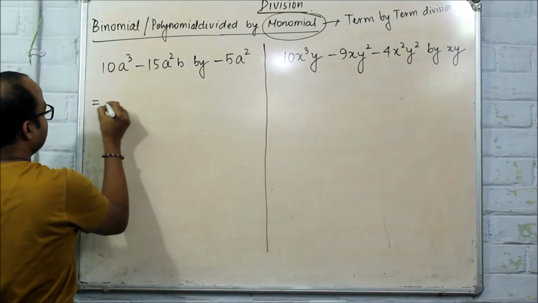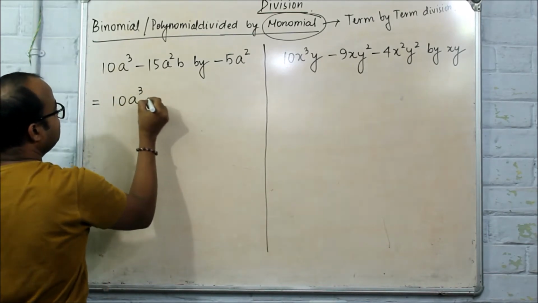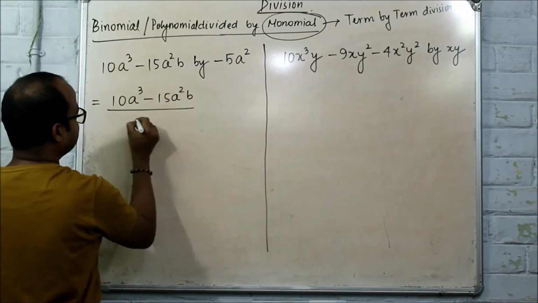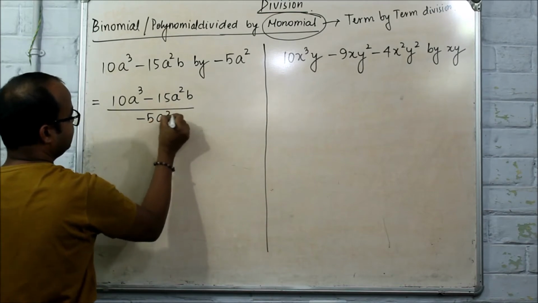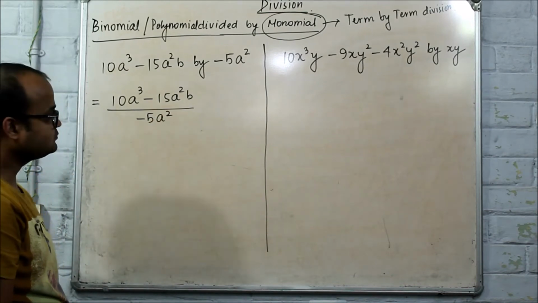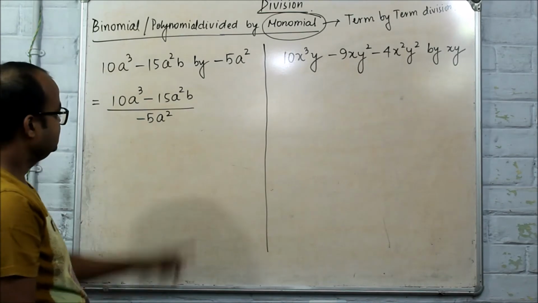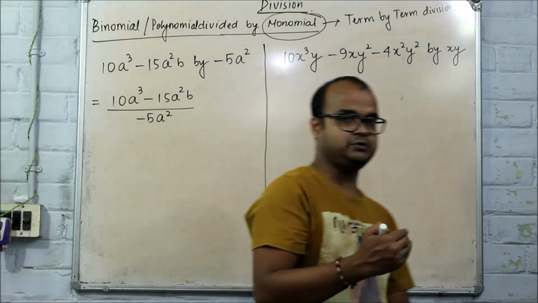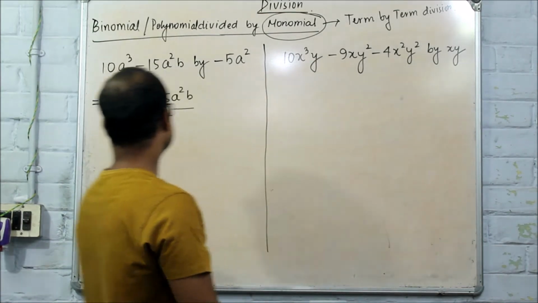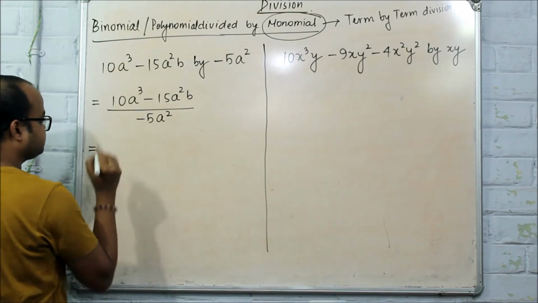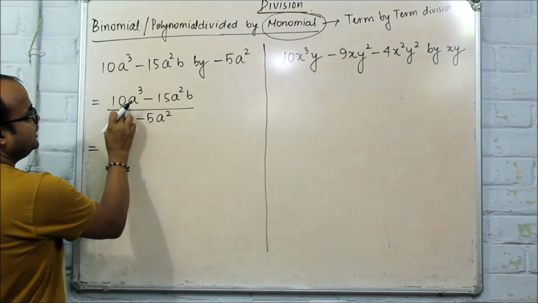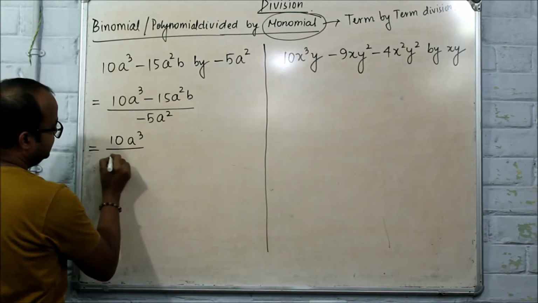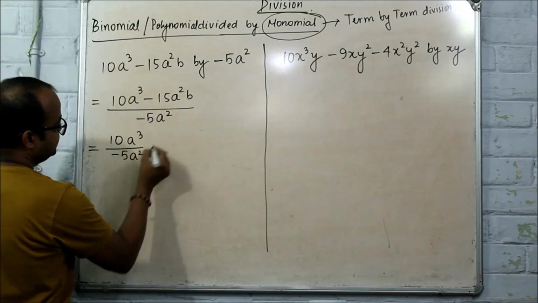So we write 10 a cube minus 15 a square b by minus 5 a square. First we are writing the given expression in the form of numerator by denominator. Now the next part. We'll apply term by term division, that is 10 a cube by minus 5 a square.